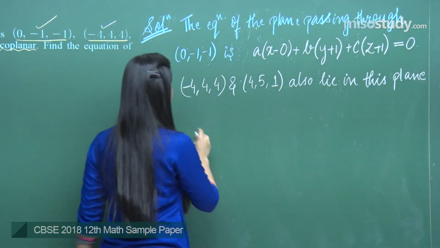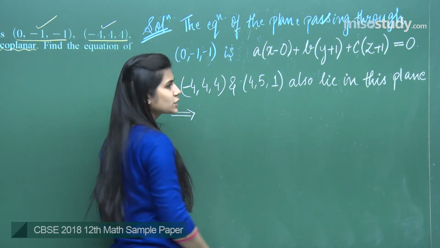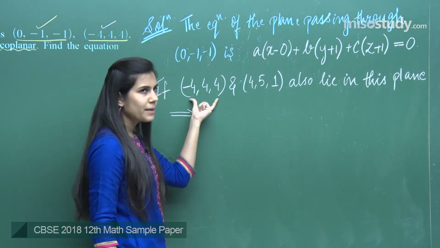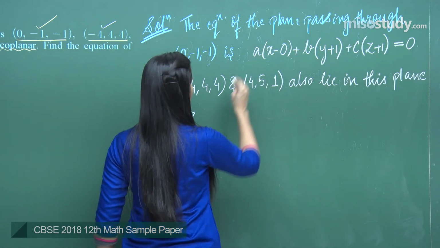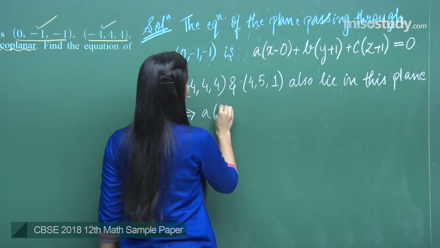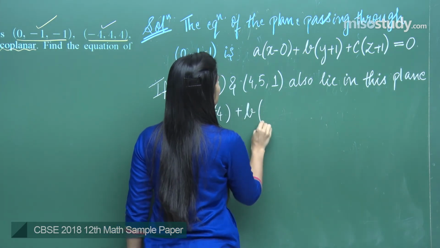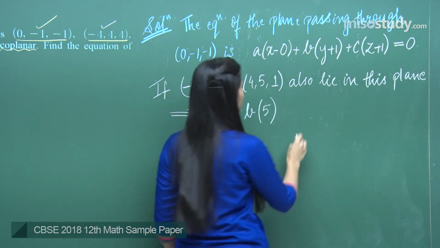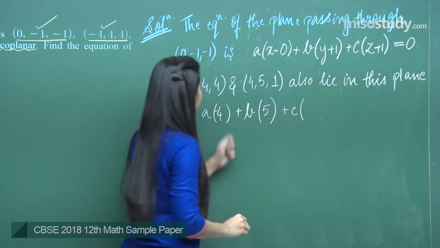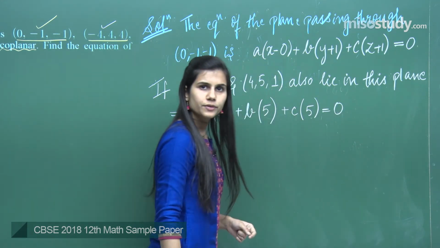This implies what? In place of x, y and z, I am going to substitute one by one these coordinates. So I am going to get a times minus 4 plus b times y plus 1, so 4 plus 1, that is 5, plus c times z plus 1, which is 4 plus 1, which is again 5.